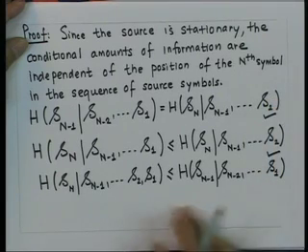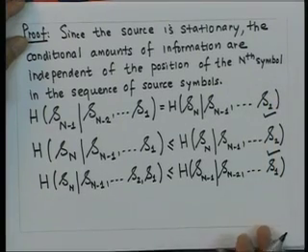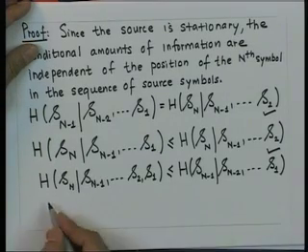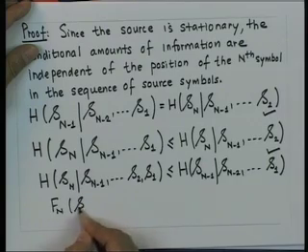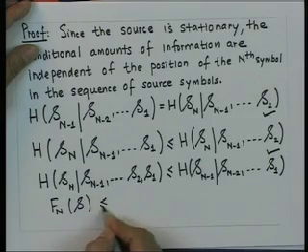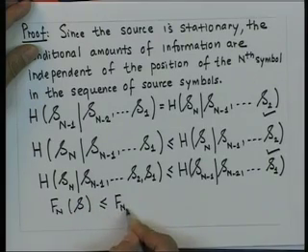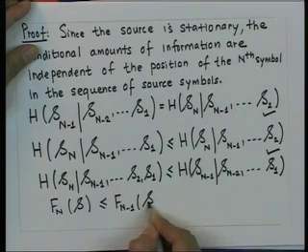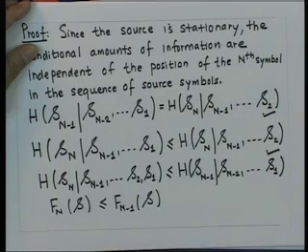So, using these two properties I get this, which is by definition nothing but Fn(S) is less than or equal to Fn minus 1(S).